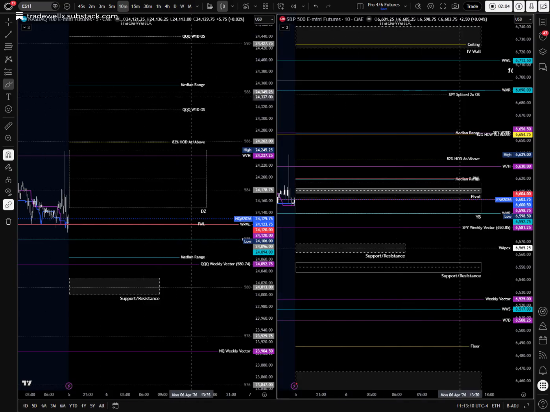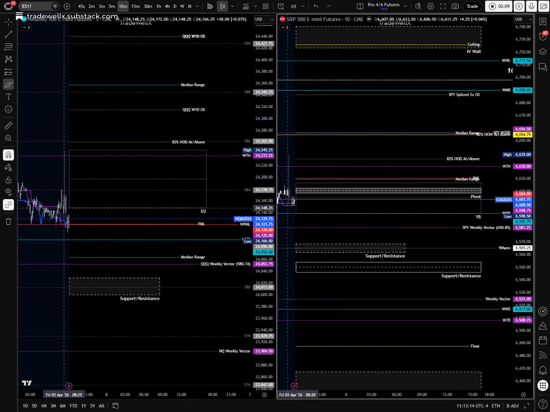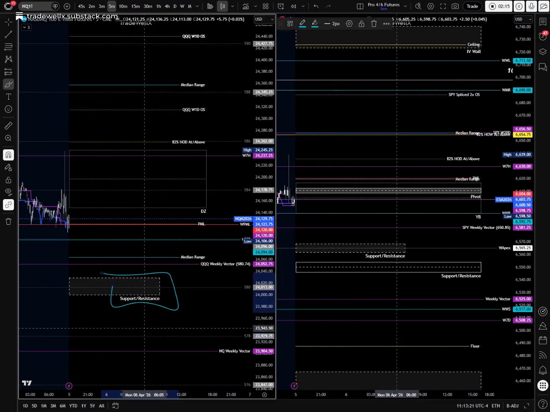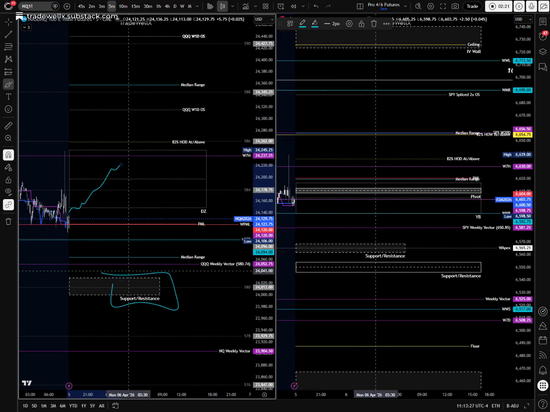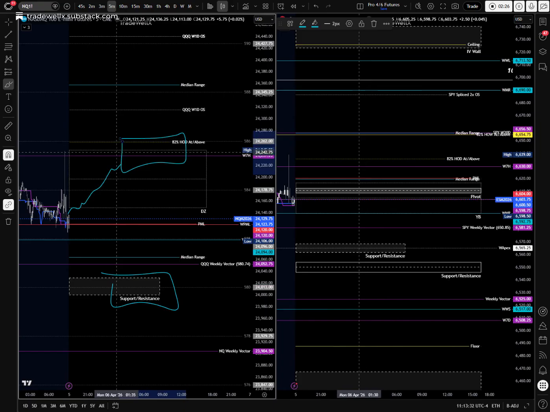Long bias, long idea; short bias, short idea. Now, let's say the key area that I'm looking for longs from is this support and resistance area. If price is going like this, I ask myself, do I want to take a position?